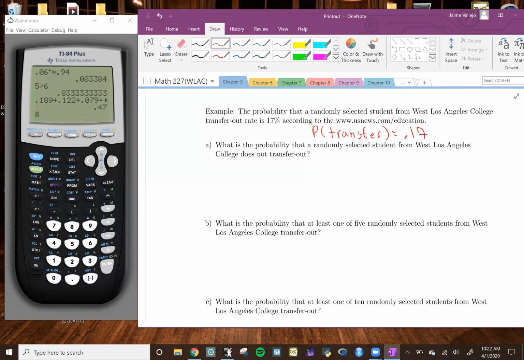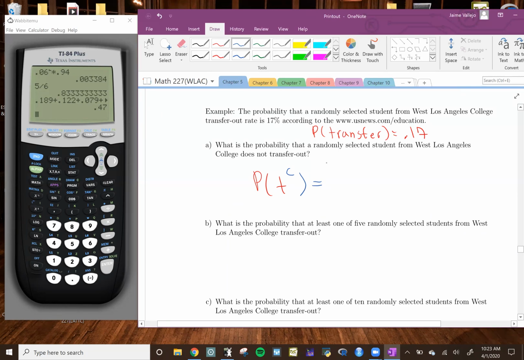All right, let's do A. A says, what is the probability that a randomly selected student from West Los Angeles College does not transfer out? So we'll say probability. I'm going to put T for transfer to make it simpler. For this one, we want them not to transfer out, so pretty much the complement, because you either transfer out or you don't.